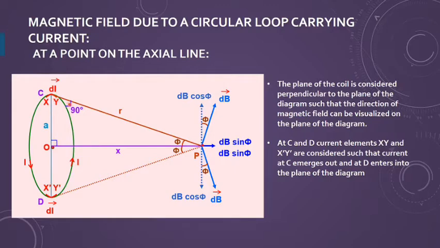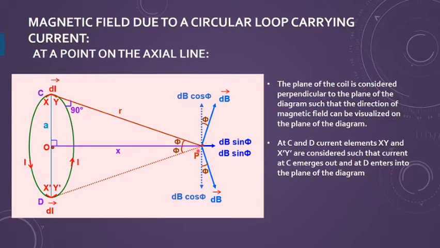This angle is also 90 degree, and this angle which this dB is making with the r, r is the distance between the small current element and the point P. This perpendicular distance from the center we are taking as x, and we are assuming small a to be the radius of the ring or the circular loop, and this r is the distance.